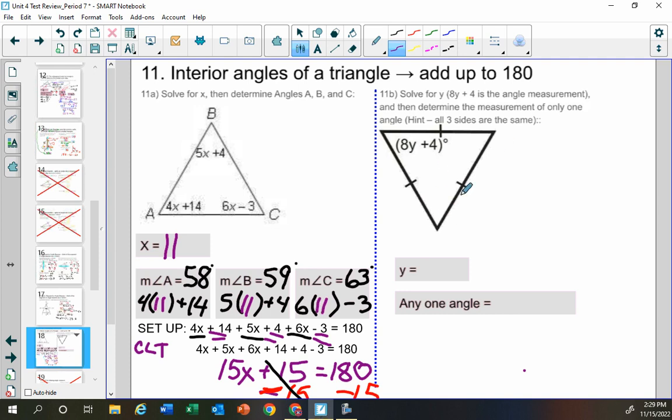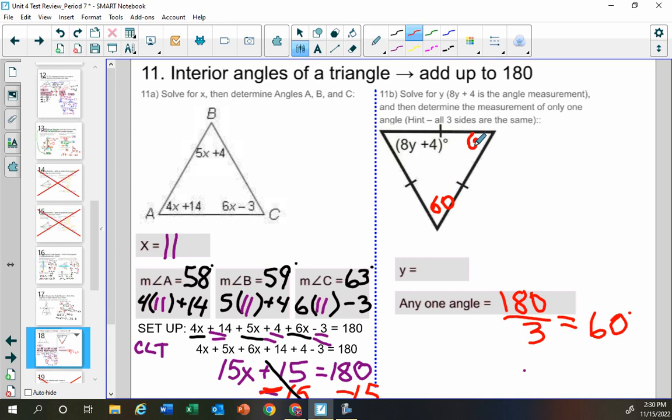If all three angles are congruent, they all have to have the same measurement, right? They add up to 180, but what's 180 divided by 3? 60. So each angle has to be 60.